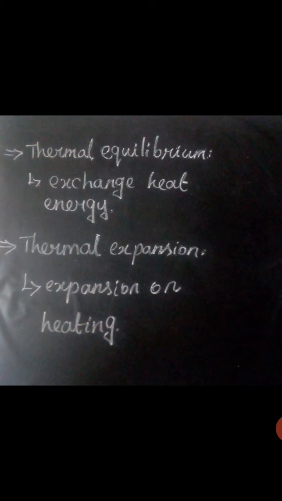For example, if there is an iron rod and you give it heat energy, the iron rod expands. That is thermal expansion. So if you give heat energy it expands. When the heat is reduced, the temperature level is reduced, it contracts.